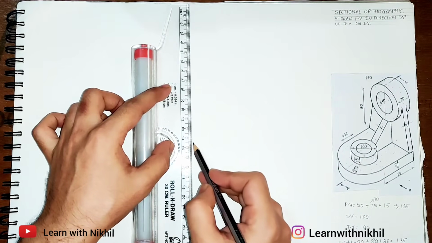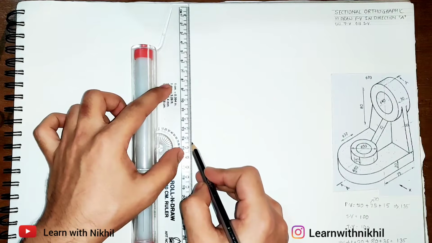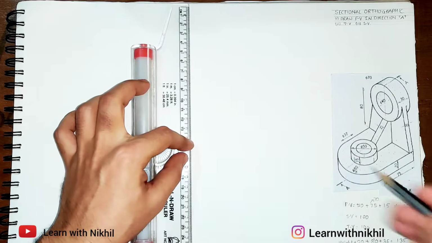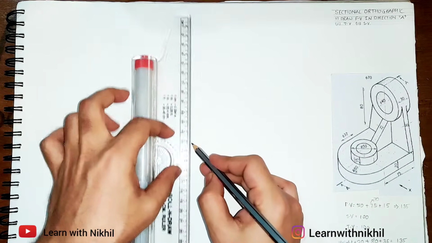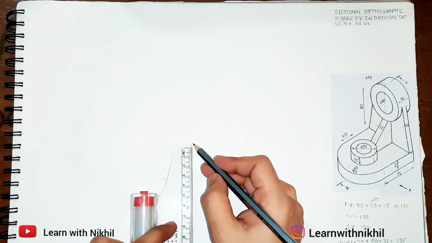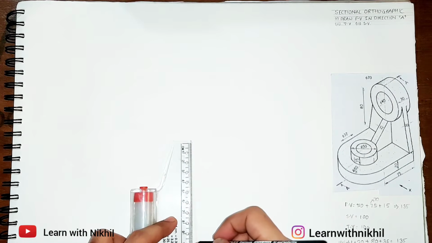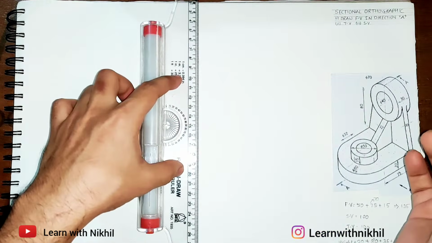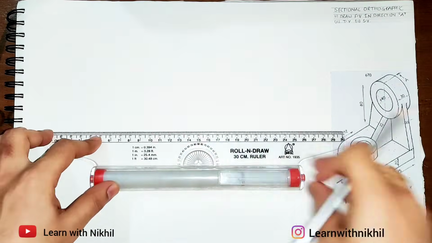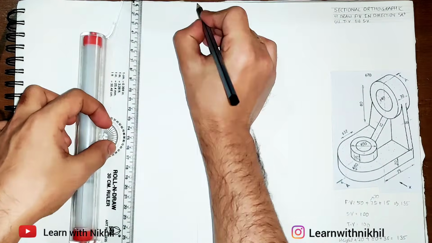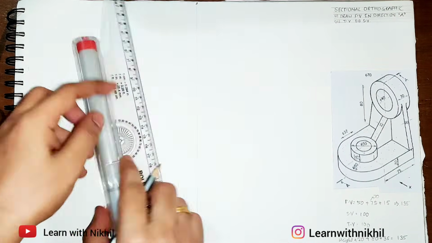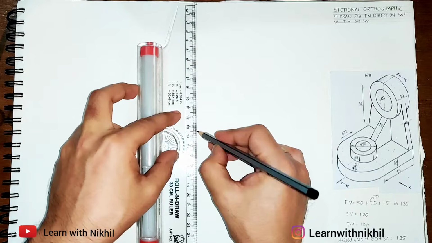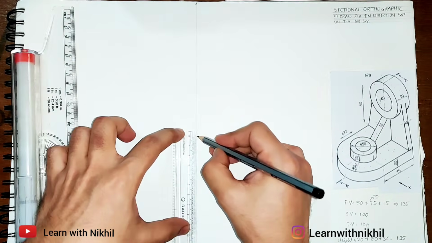So now I'll draw the axis. Center I'll mark. So from this center, above 135 and below 100 space will require to draw. Now drawing the axis, you know the procedure. Draw perpendiculars.